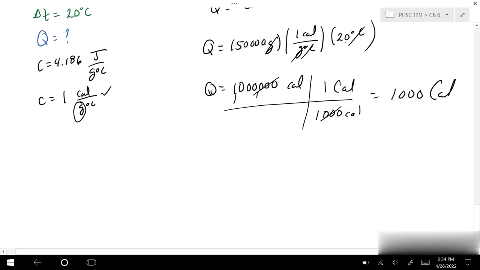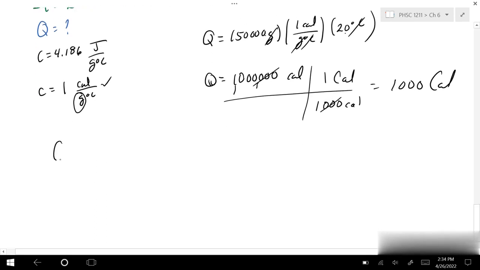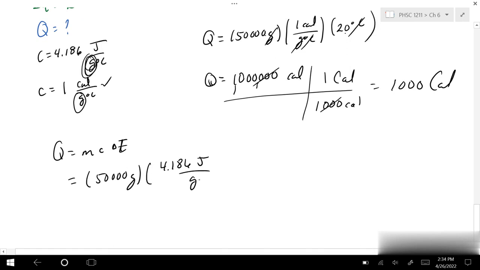So let's do this in joules and think about the same thing. I still need to do Q is equal to mc delta T, and sometimes you'll see that as a capital T. I apologize, converting that, 50,000 grams. I still need to use grams because I have grams here. Times 4.186 joules per gram degree Celsius times 20 degrees Celsius.